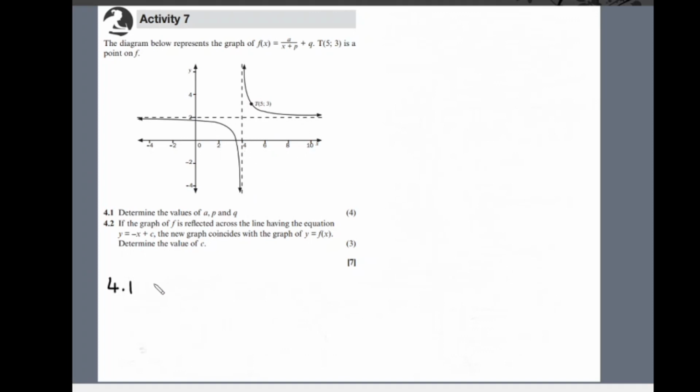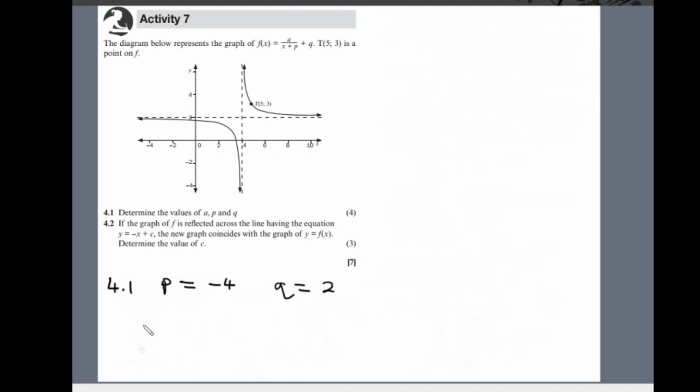So straight away I know P is equal to -4, right? And then Q is equal to 2, right?